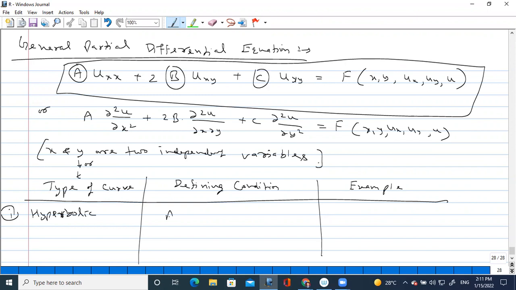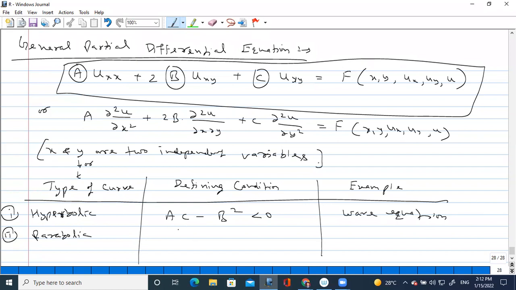So if AC minus B square is less than 0, then your equation will give you a hyperbolic path. Okay, and an example of such an equation is the wave equation. Number second, the parabolic path.